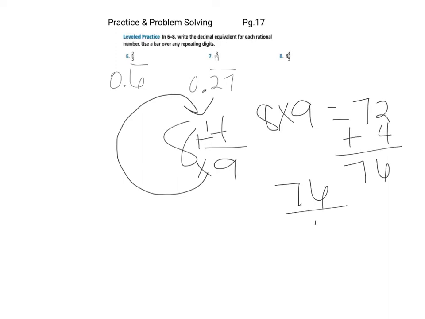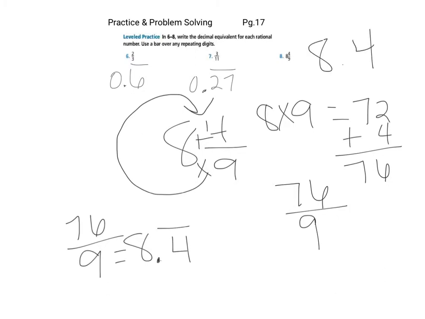You always keep the denominator. So 76 over 9. If you put 76 divided by 9 into your calculator, you get 8.444444. Therefore, this one is 8.4 with a repeating bar over 4. Okay?